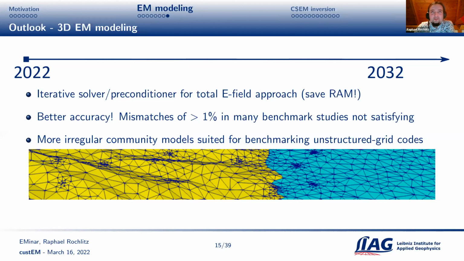So all the other codes with secondary field approaches are kind of preferable. We do not need unstructured meshes for these kinds of models. We need to use our unstructured grid codes for models with topography and bathymetry for benchmarking. This is my view on the things.